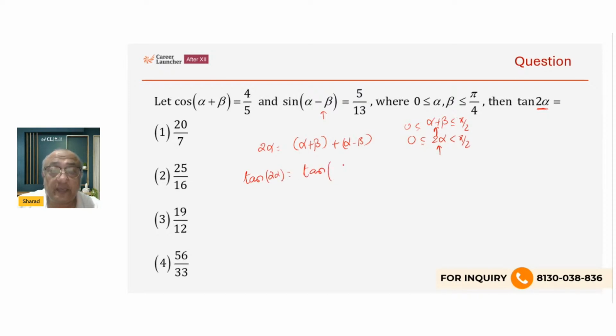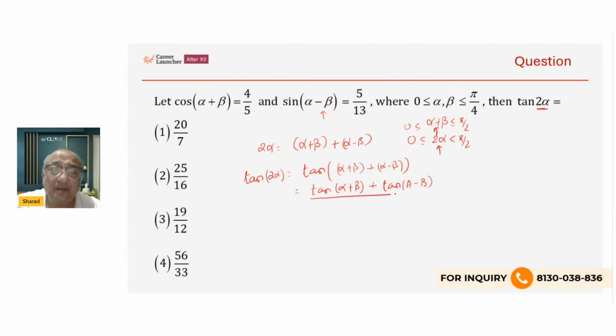The first angle is alpha plus beta, and the second angle, kids, is alpha minus beta. Wow. This is again an illustration of that formula. Tan theta plus tan phi, or tan A plus tan B. So what will happen? What will it be? I'll resolve it. Tan A plus B into tan A minus B.